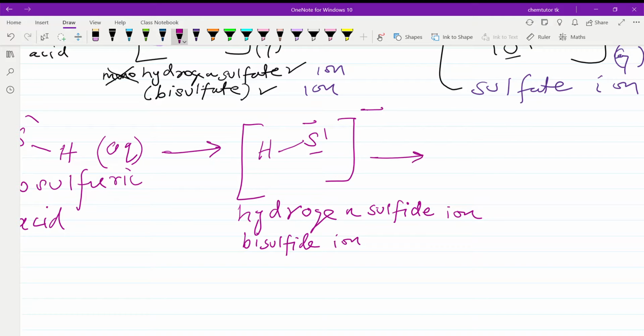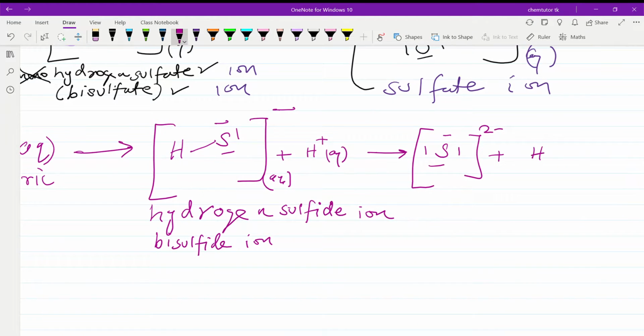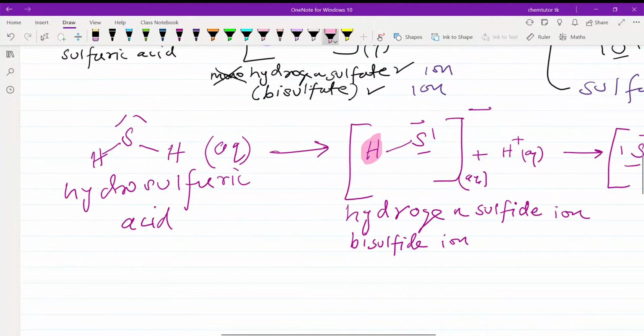If it loses one more hydrogen, it becomes S2 minus. You can see this hydrogen is now free.